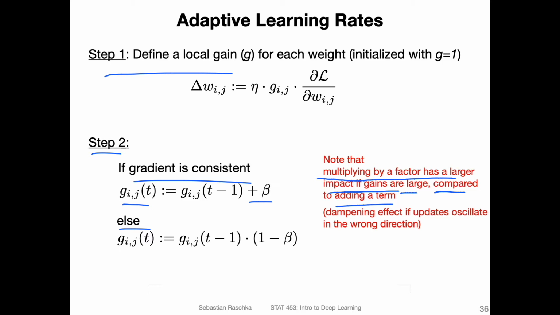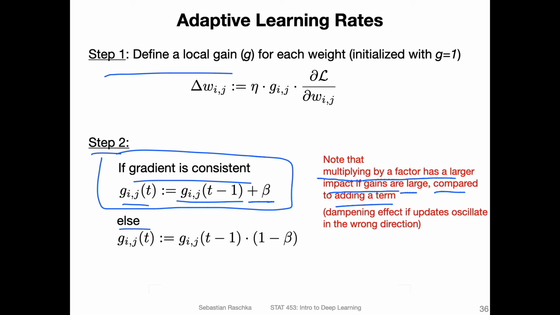And that means, how this is set up, if we are going in the right direction, we are slowly accelerating. So if we are consistent, we are adding this beta term and we make the gain bigger by a small value. Let's say beta is 0.9.